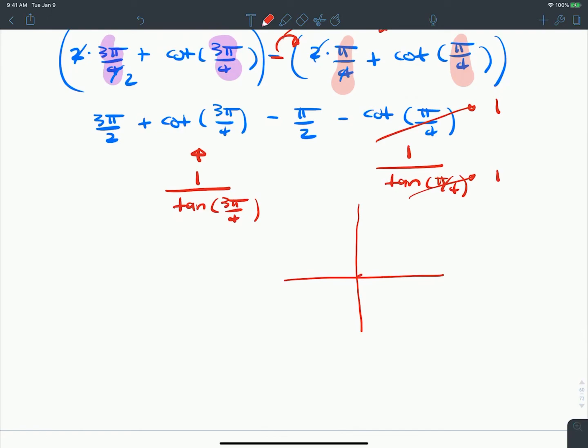And I remember that pi over 4 is in quadrant 1. So if I go and rotate my ray counterclockwise, I got 1 pi over 4. The ray over here now is 2 pi over 4. Let's get our computer back. And then I have another ray, if I rotate another pi over 4, which is 3 pi over 4.